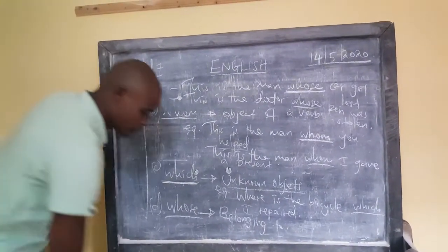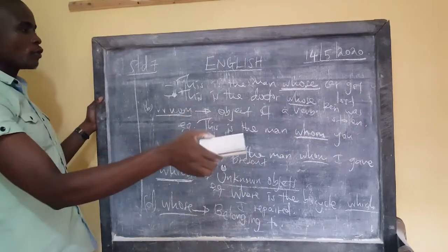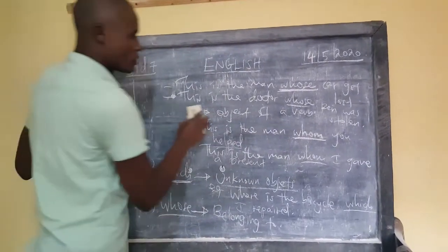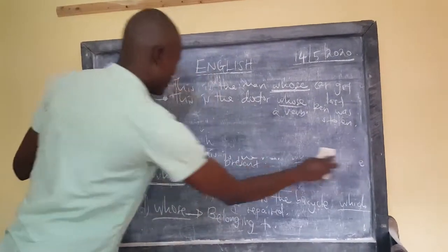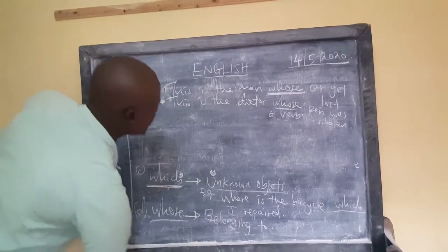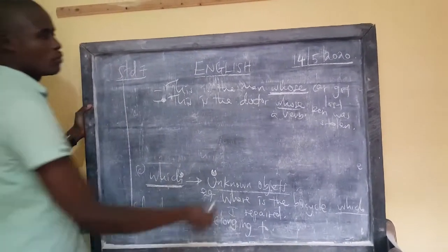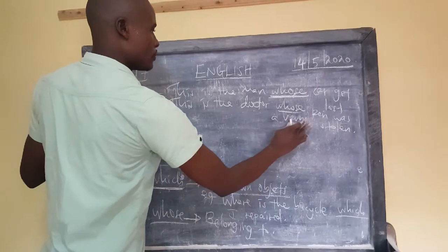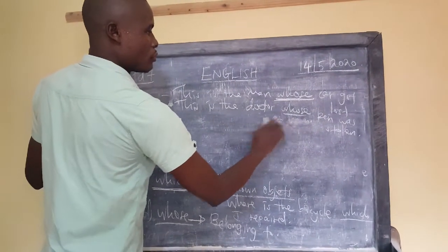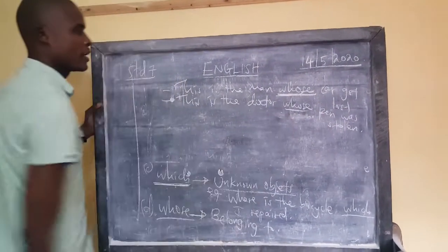The doctor was the one who was owning the pen that was stolen. So the pen was being owned by the what? By the doctor. Let's talk of this is the doctor whose pen was stolen. Whose pen was stolen. Correct.